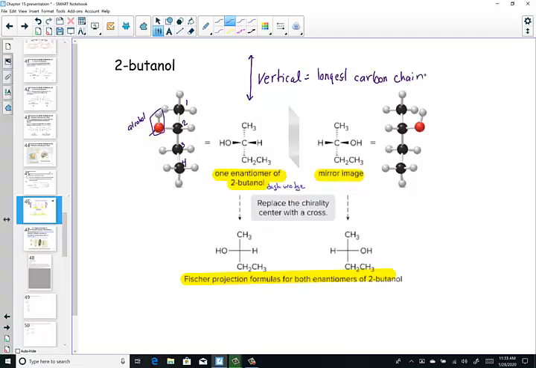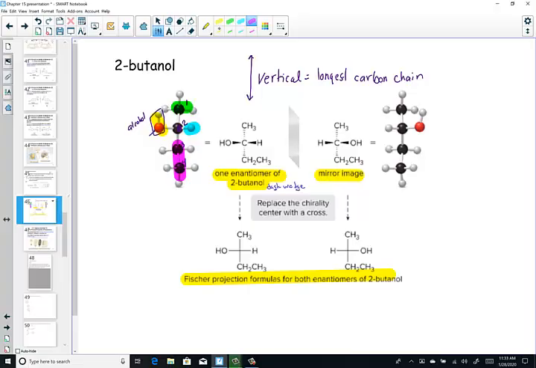So now when I think about how it's presented to me, notice that the carbon number 2 is the chiral center. Carbon number 2 has 4 unique attachments. One of them is a hydroxyl group, one of them is a methyl group, a hydrogen, and the ethyl group. 4 unique attachments.